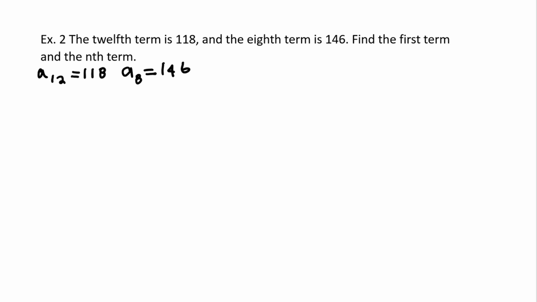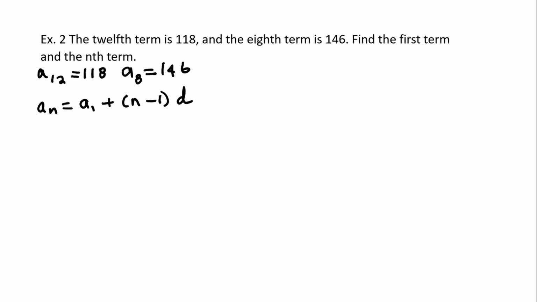Now I'm going to use the general form of the arithmetic sequence formula. That is a sub n is equal to the first term plus the number of terms minus 1 times d, to get 2 equations and 2 unknowns.